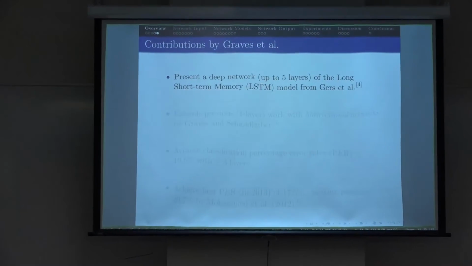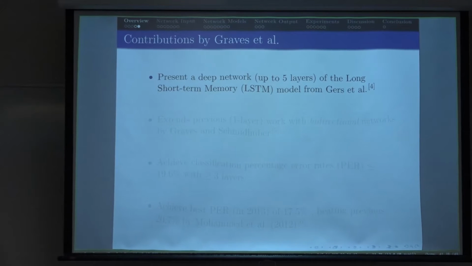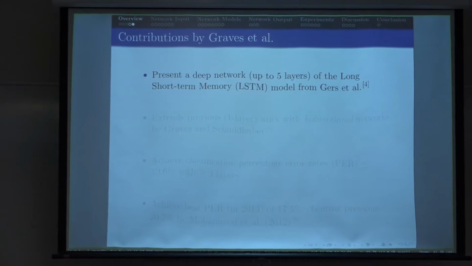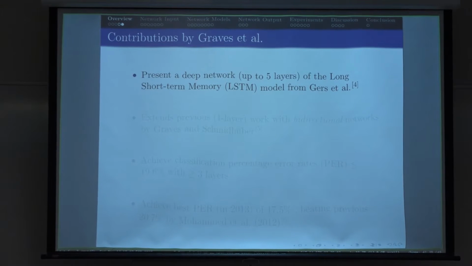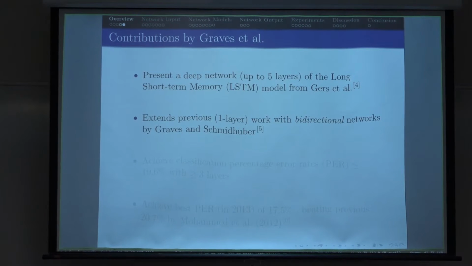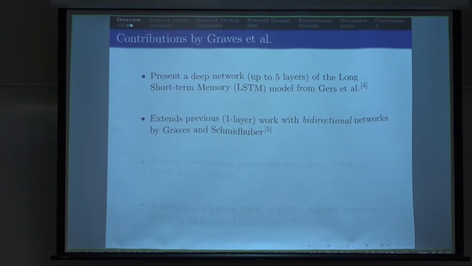Now, what Graves et al. did, though, was they presented deep long short-term memory networks. And they also used a bidirectional network. They've basically extended previous work by Graves, taking bidirectional long short-term memory networks and converting them into deep bidirectional long short-term memory networks.